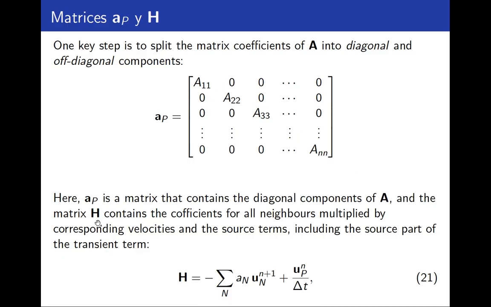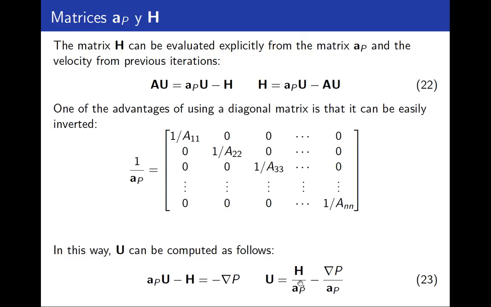And then the matrix H will contain the coefficients for all neighbors here, multiplied by corresponding velocities evaluated at the new time level. And H will also contain the source terms, including the source part of the transient term. So here it will appear the velocity at the old time level divided by the time step.